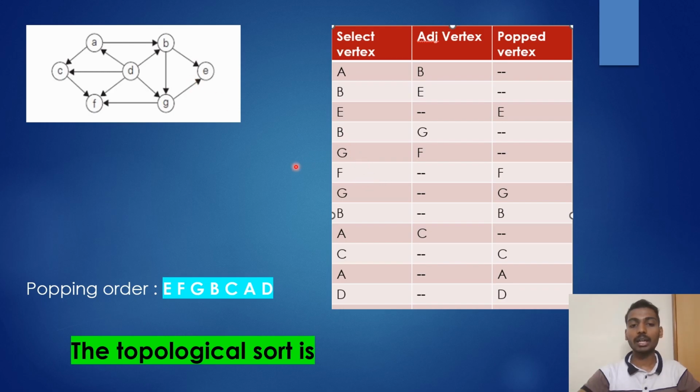Here E and F we have popped out already. Next go back to G, and we have to check whether G has any other vertex.